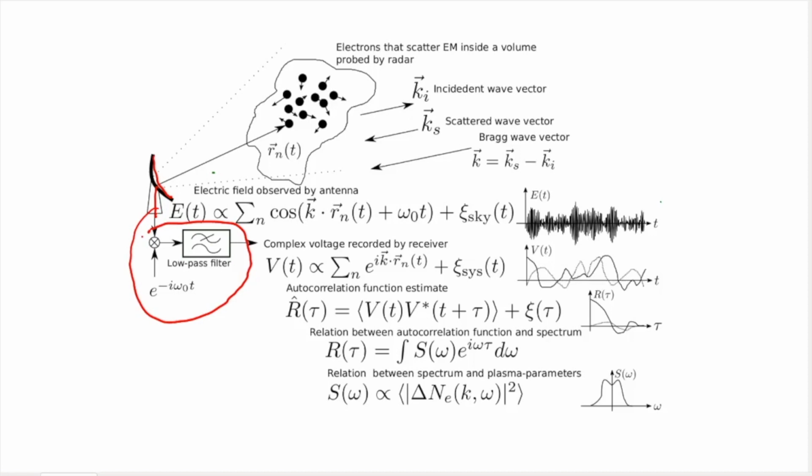This is accomplished by multiplying the received signal with a complex exponential, after which the signal is low-pass filtered. This process has the effect of removing the oscillating term omega naught from the signal E. Another consequence of this shifting operation is that the signal becomes complex valued. A plot of the complex voltage V of t is shown on the right-hand side. This signal now no longer oscillates very fast because the down conversion has removed the omega naught term in the signal.